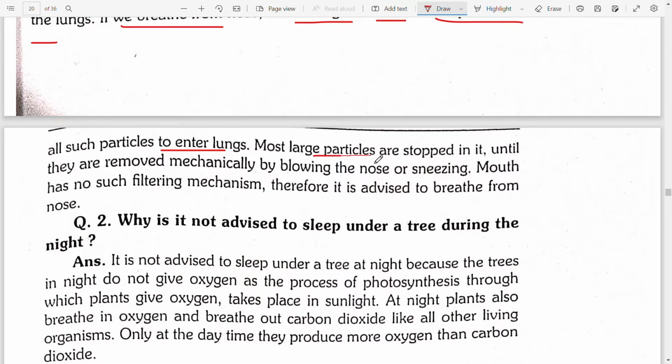Most large particles are stopped in it until they are removed mechanically by blowing the nose or sneezing. The mouth has no such filter mechanism, therefore it is advised to breathe from the nose.